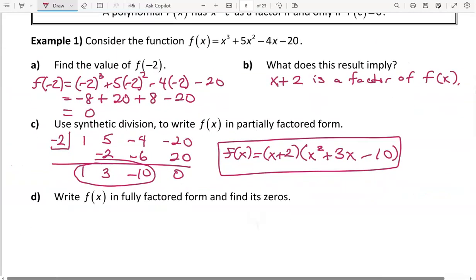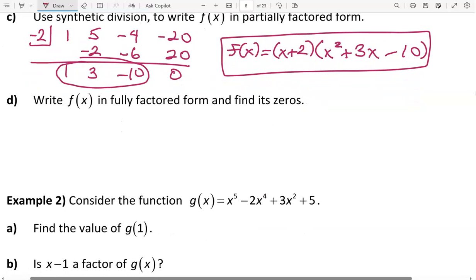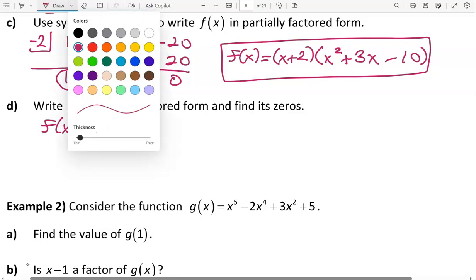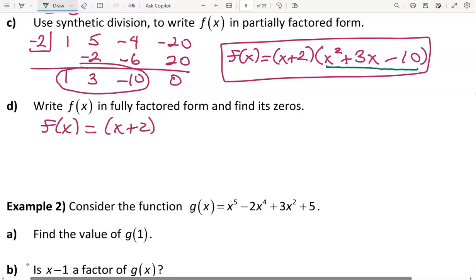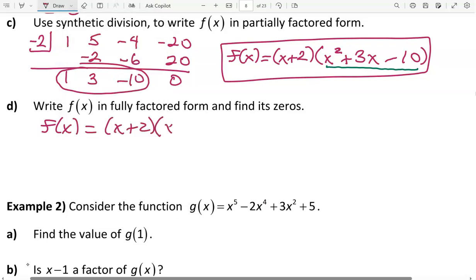Now we're going to write f of x in fully factored form and find all of its zeros. So f of x equals x plus 2, our first factor, times, and then let's take x squared plus 3x minus 10 and factor it further. That factors into x plus 5 times x minus 2.